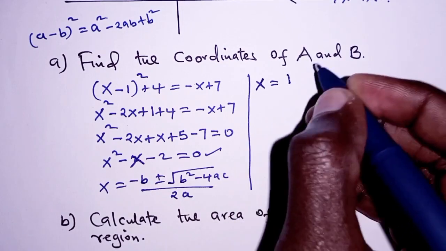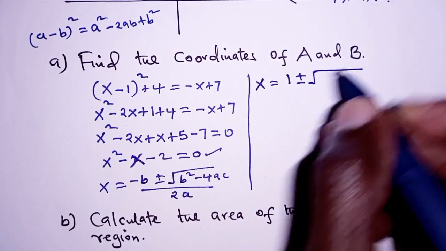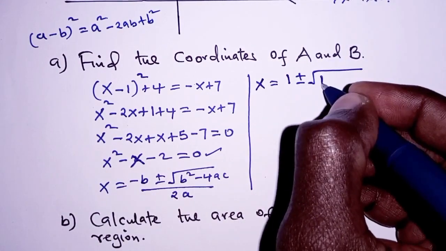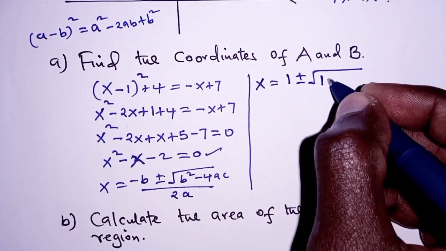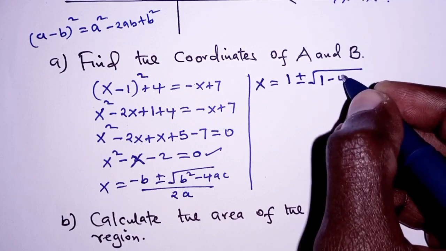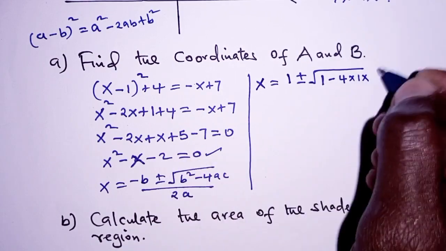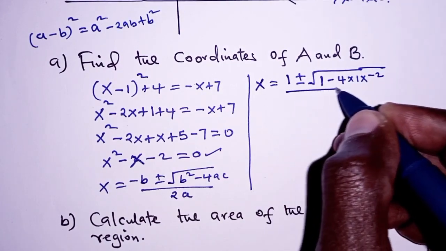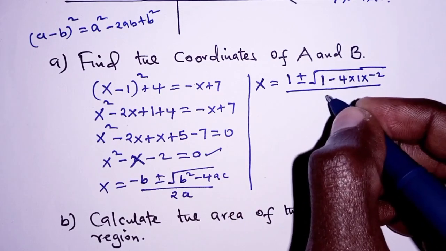So we have 1 plus or minus the square root of negative 1 squared, that is b squared, which is just 1, and then we'll also have minus 4 times 1 times c, and c is negative 2. And then we'll divide this by twice a, and a is 1, so 2 times 1 is 2.